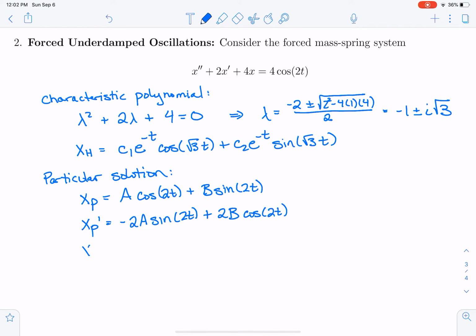And then the second derivative is going to be minus 4A cosine of 2t minus 4B sine of 2t. And I find it helpful to write that as minus 4 times the particular solution.